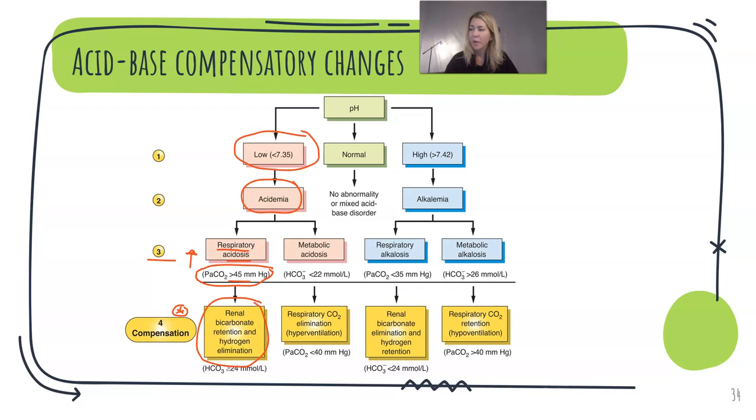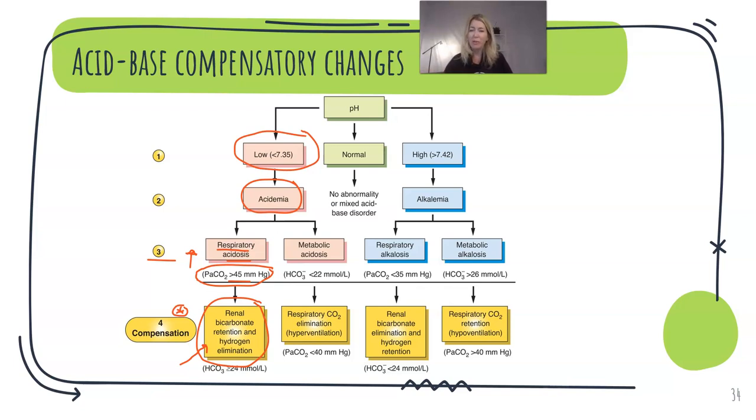So this row here. What happens is, we were just talking about how the kidneys can either retain or get rid of bicarbonate, or HCO3, and they can also get rid of or keep hydrogen ions. The more hydrogen ions, or H plus, that's present, the more acidic it would be.